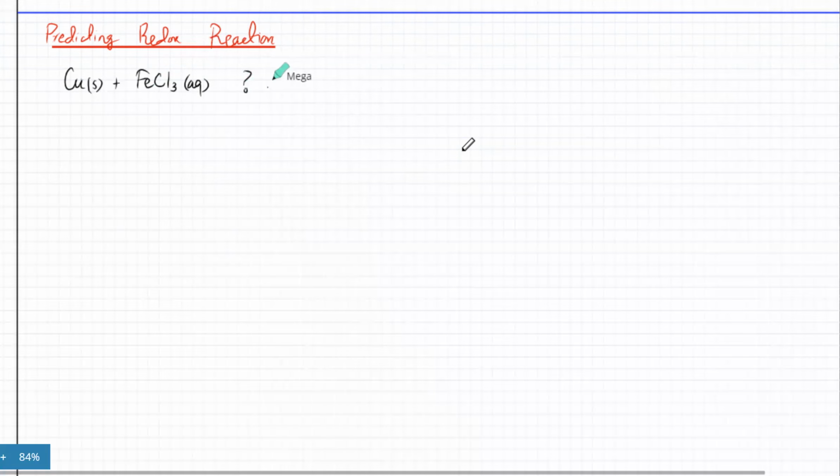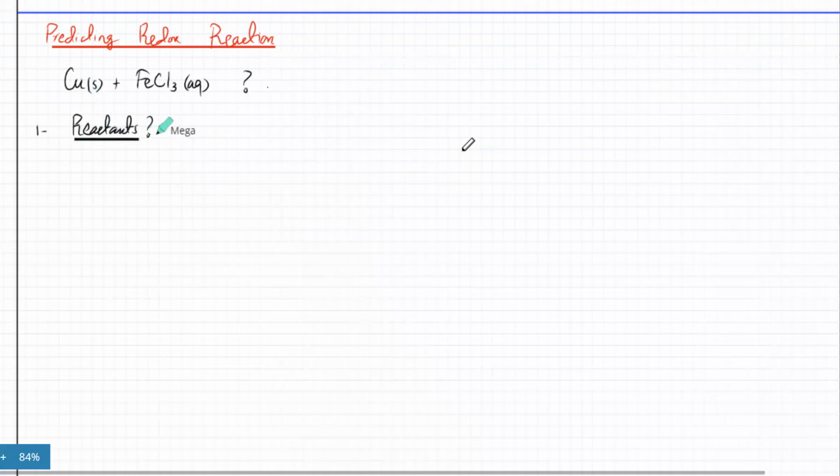At the moment, I don't even have any idea which electrodes to pick. So step number one is you have to figure out what your reactants are. Okay, that's step number one.